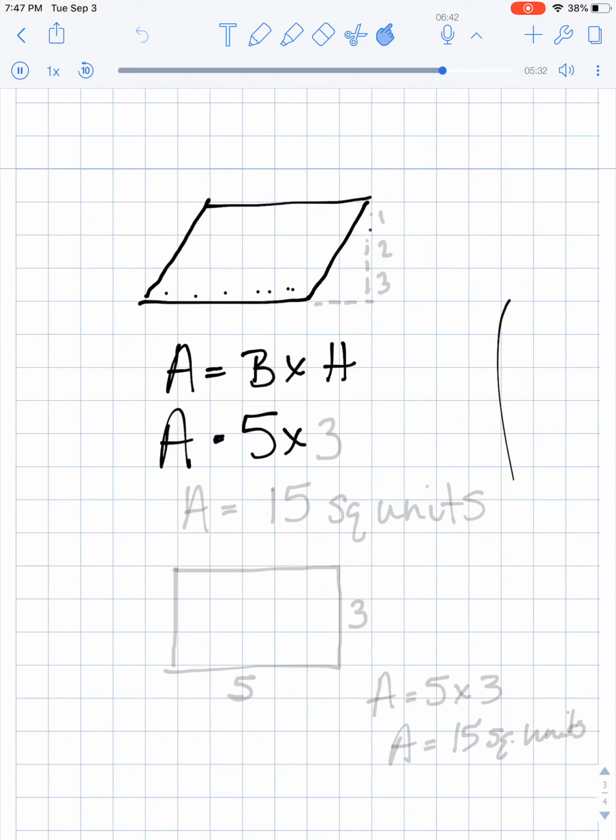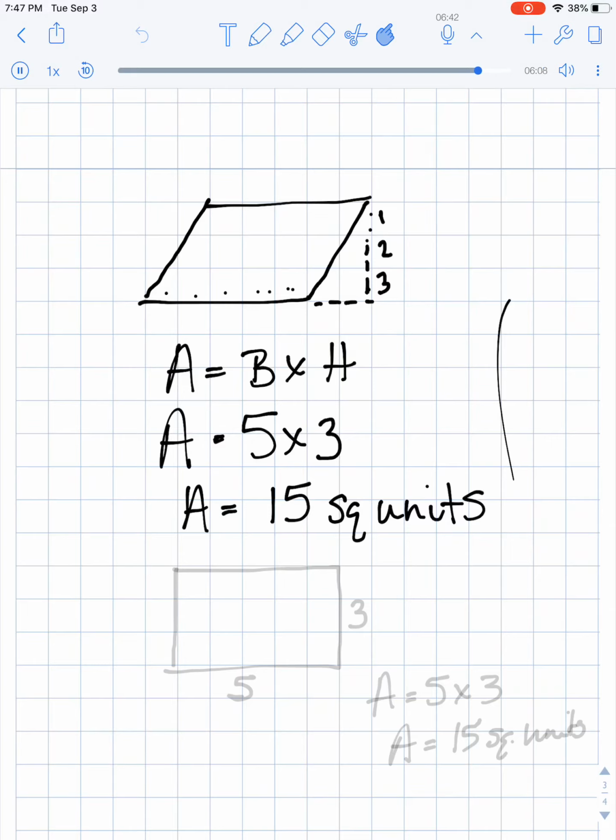So there's kind of this imaginary line that comes down here from the parallelogram down to the baseline. So I can look and I've got 1, 2, 3 units for my height. Okay, so if I multiply 5 times 3, I am going to get 15 square units for my area.